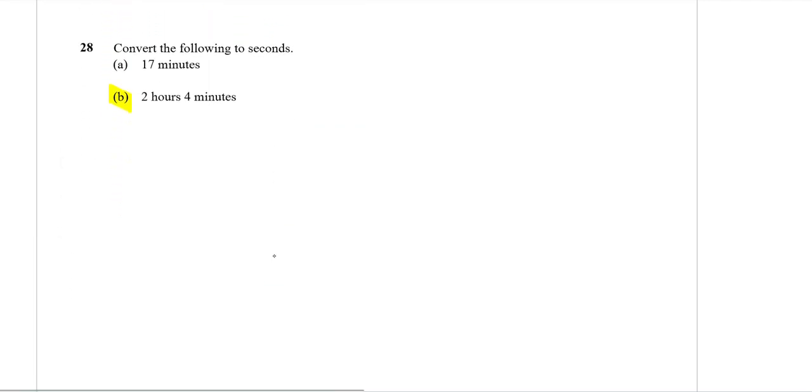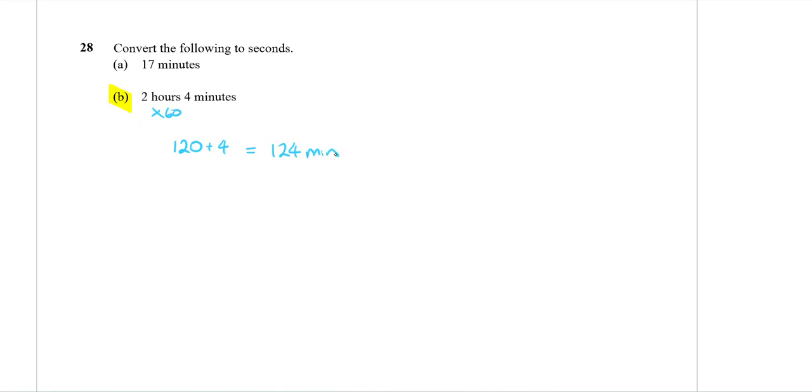Question 28. Convert the following to seconds. Well, we've got some hours and some minutes. Let's put it all into minutes first. So the 2 hours, I would times that by 60. 2 times 60 is 120 plus the 4 makes 124 minutes.